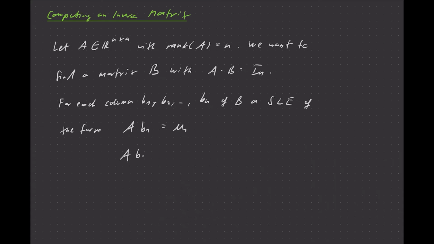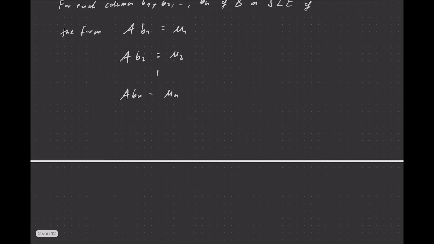A times B2 is the second column of the result. And the second column of the result is the second unit vector, U2. And so on. So that works up to A Bn equals Un. So what that means is, if we want to determine this matrix B, we can just compute solutions to all of these equations.